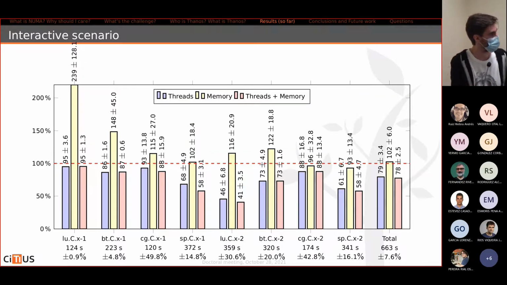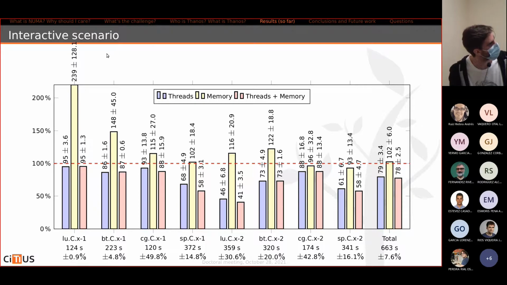So here we have the results. If we take a look at our threads migration algorithm, we can see that we improve the operating system in most of the cases, in every case, actually. But our memory migration algorithm is not so good. Do you remember when I told you that when things go wrong, we can wipe out half of the performance?